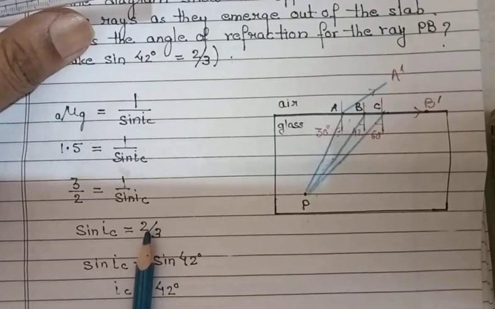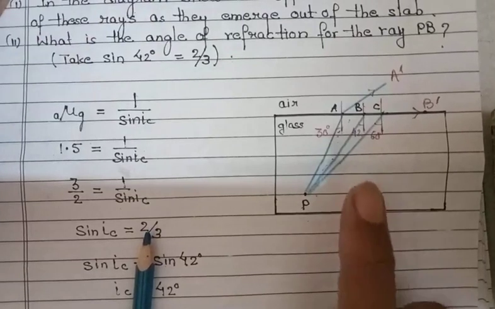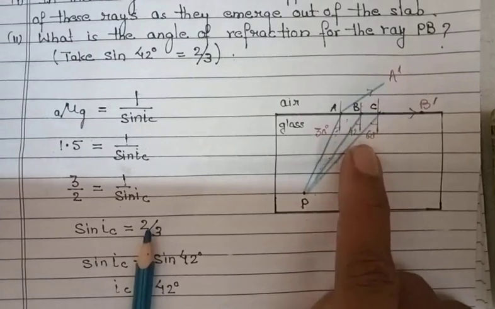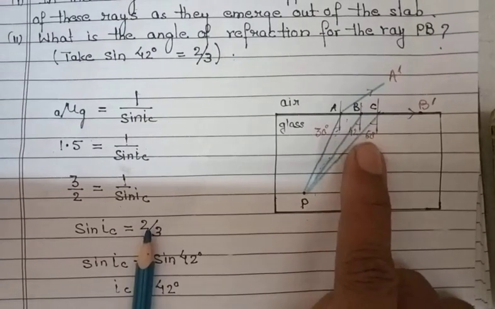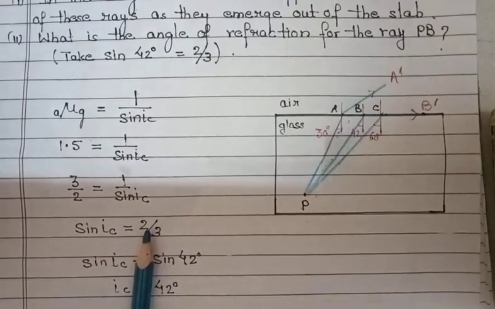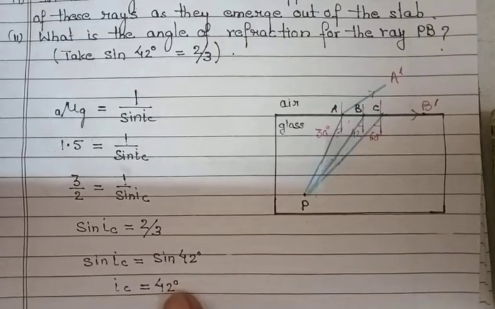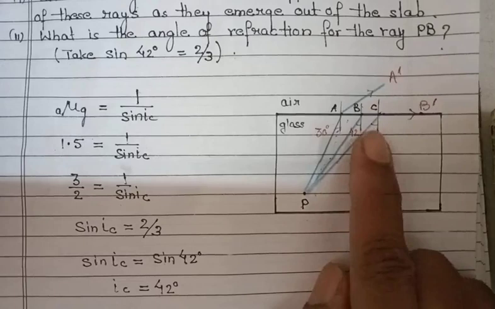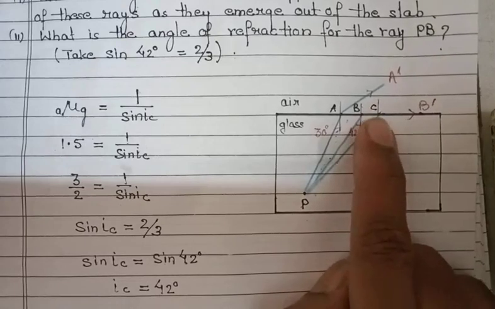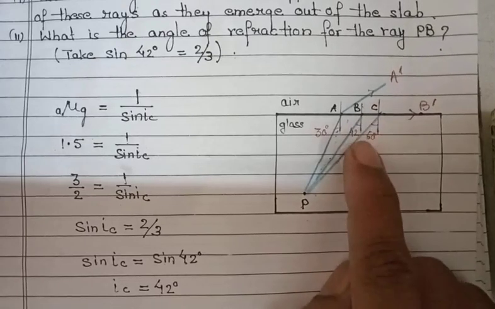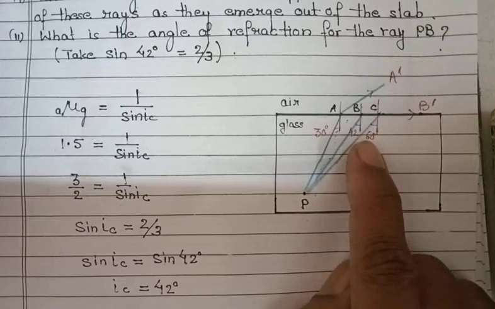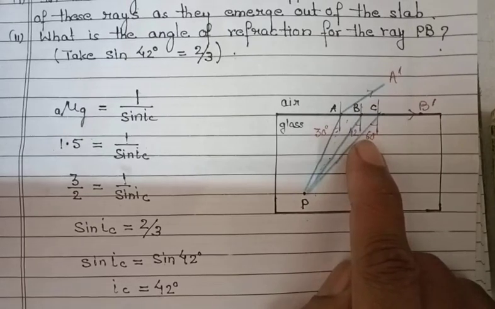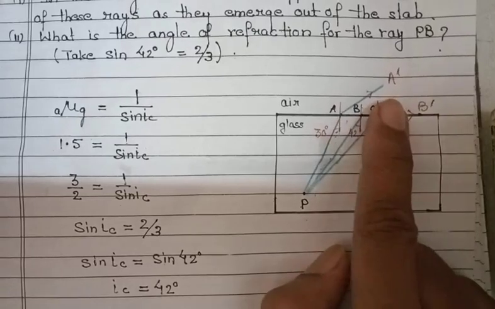Now moving on to the third ray, that is PC. As you can see in the diagram, ray PC, its angle of incidence is more than the critical angle. So if you consider this third ray PC, it is making an angle of incidence which is greater than critical angle, and the ray is traveling from denser to rarer medium.